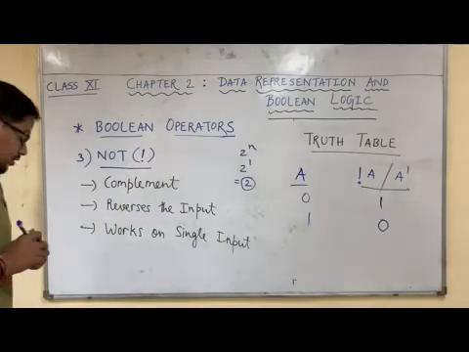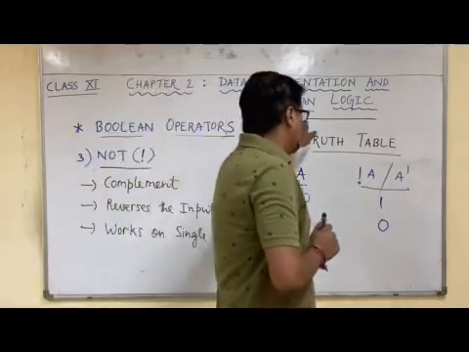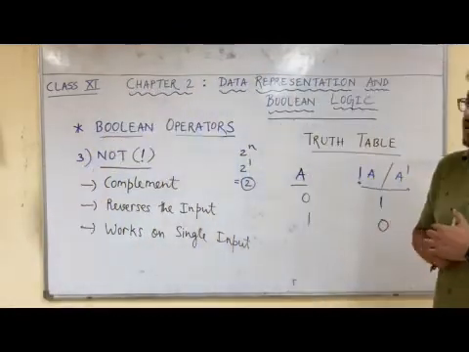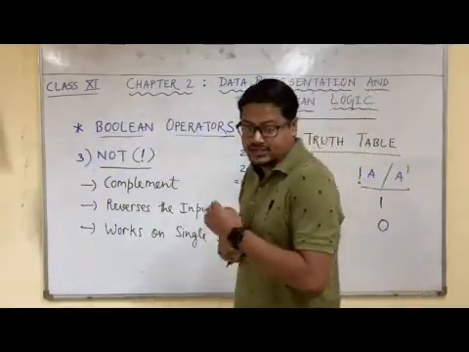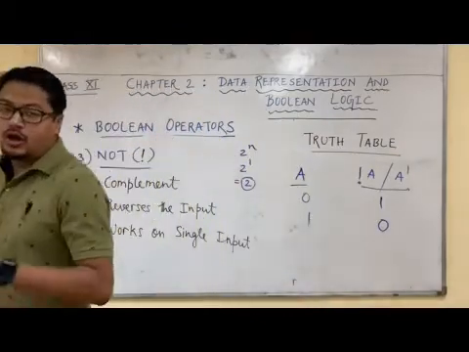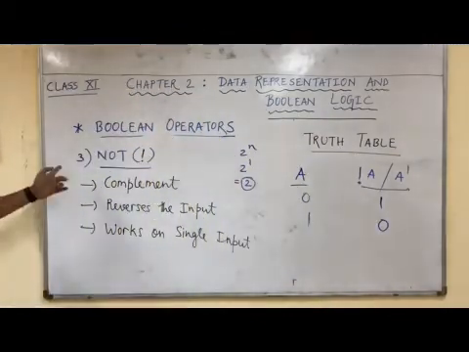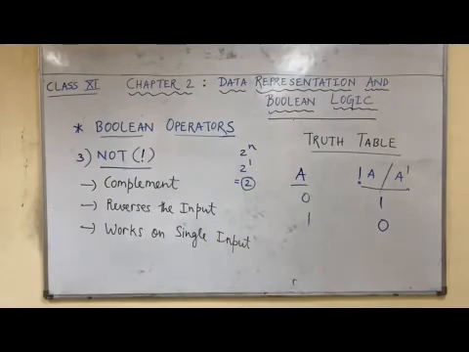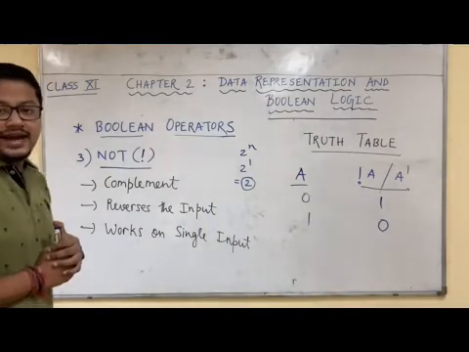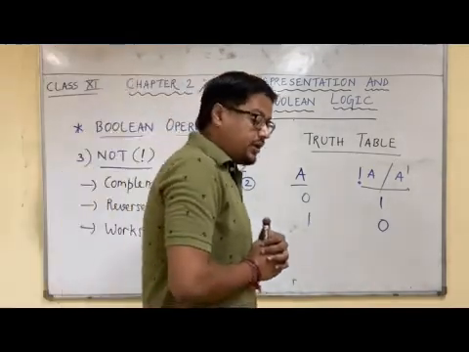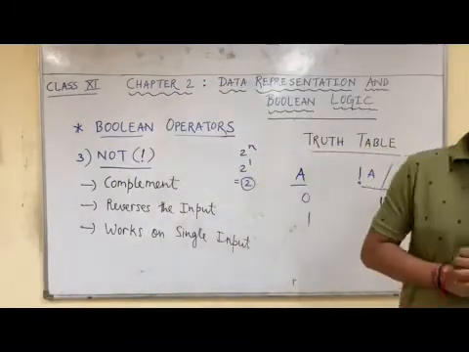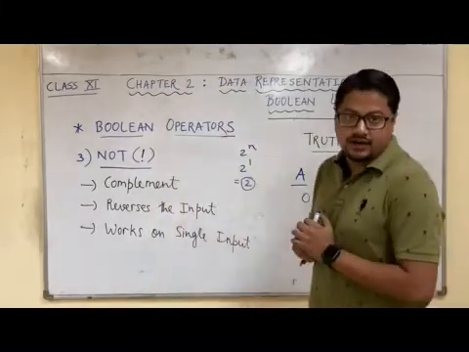So in this video, we discussed the introduction of Boolean logic. We discussed the 3 important operators: AND, that is dot, OR, that is plus, and NOT, that is complement. I repeat the rules once more. In the AND operator, the output will be 1 if all inputs are 1.